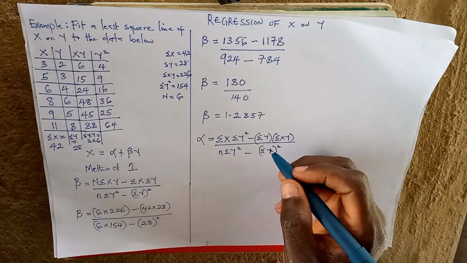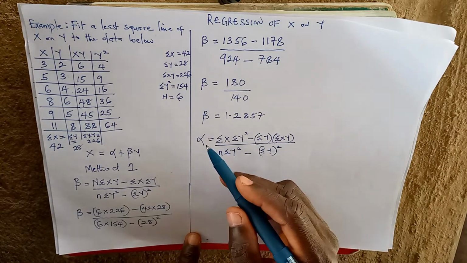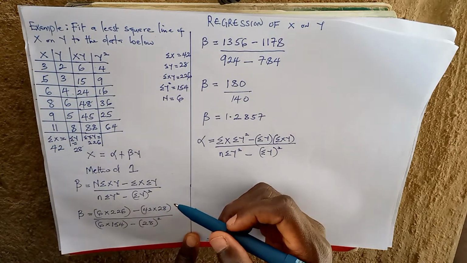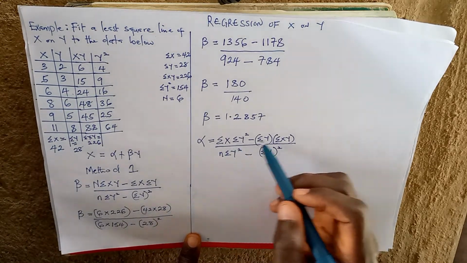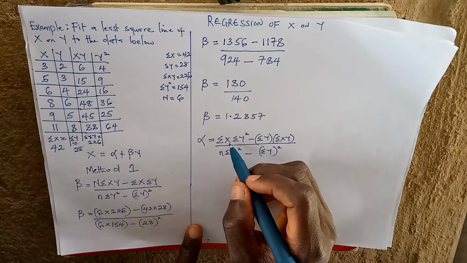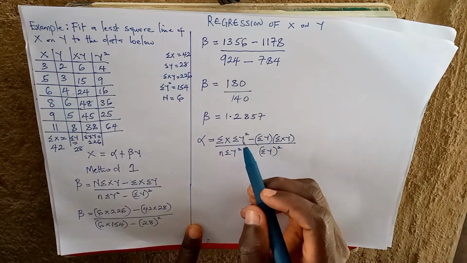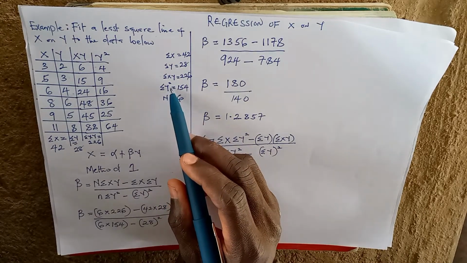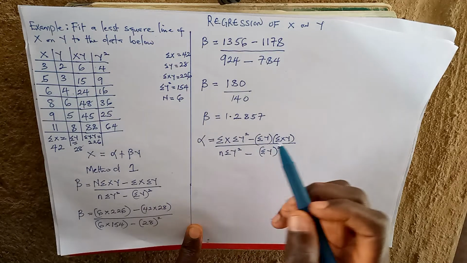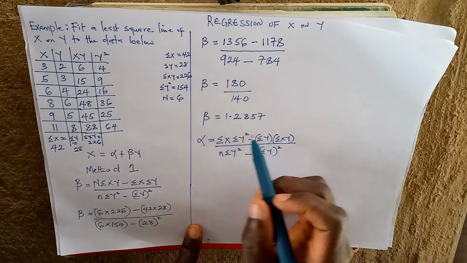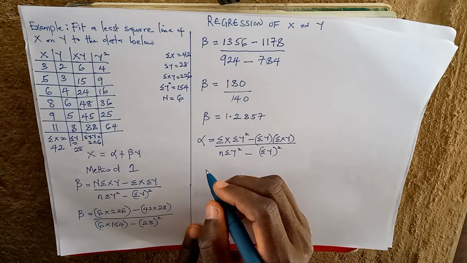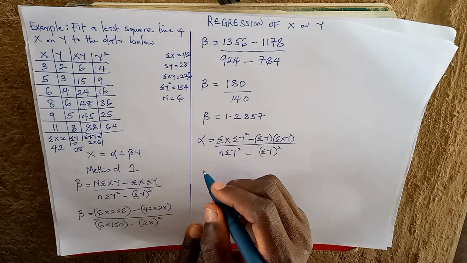You can see that the denominator is the same for alpha and beta. The only difference is the numerator. We already have summation x, summation y squared, summation y, and summation xy. So now let's apply the formula and see what we get.